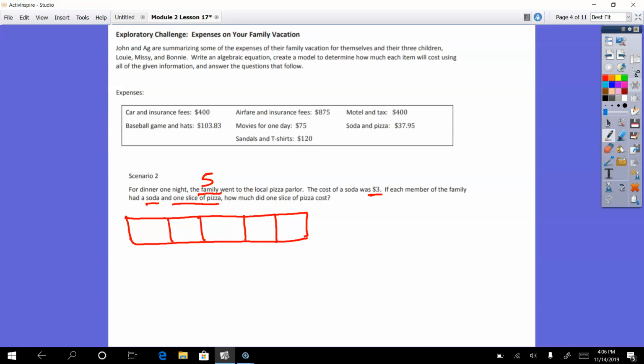You know that the soda was $3 plus a slice of pizza. Okay, and here we go. Soda and pizza. The total here was $37.95.